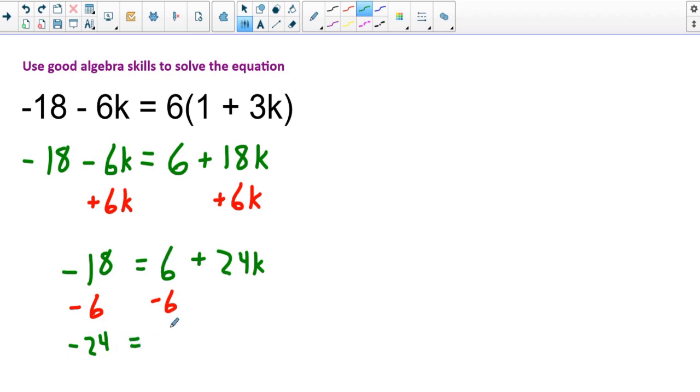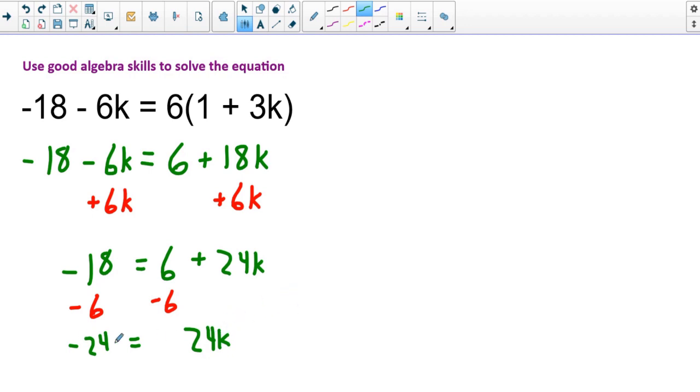These are going to cancel, so I could write 0 if I wanted to, or I could just write nothing. And just bring down that 24k. My last step, again, I want the k by itself.